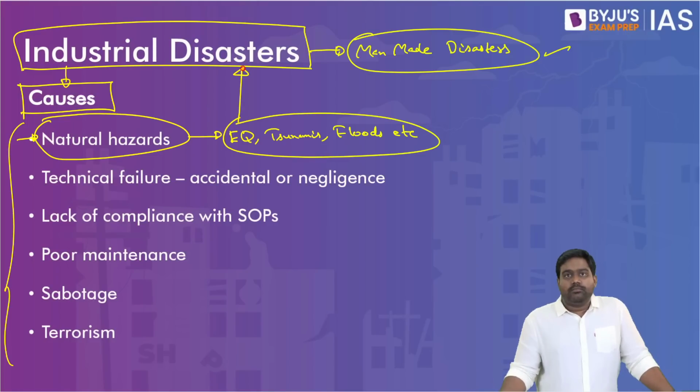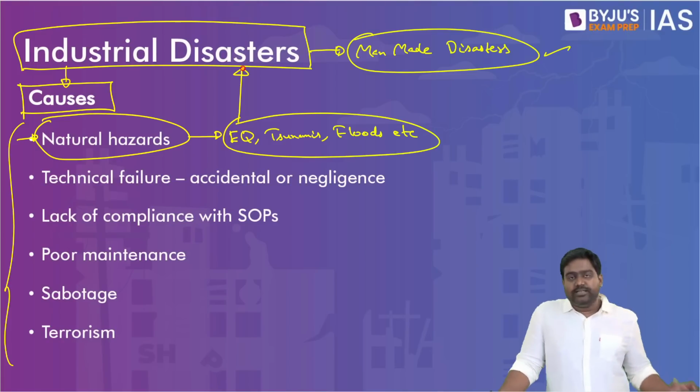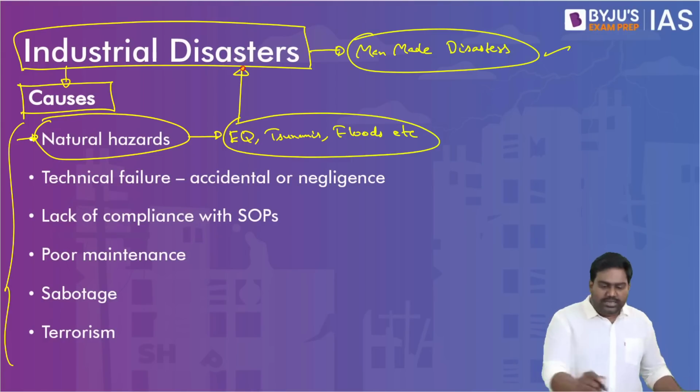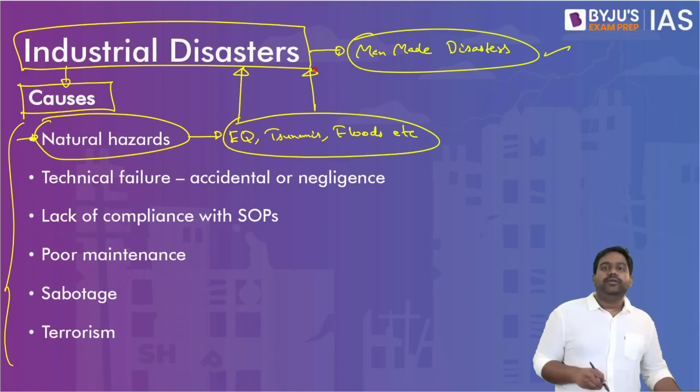An earthquake can cause a major toxic gas leakage in a chemical plant. Right? If there is a massive earthquake and the factory suffers damage and collapses, toxic gas might leak out. Or a tsunami striking a nuclear plant can cause a nuclear accident, right?